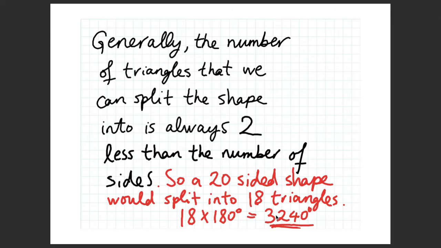That's 3,240 degrees, because 20 sides splits into 18 triangles. Each triangle is 180 degrees, so 18 times 180 degrees makes 3,240 degrees. So jot that down neatly in your books, pause the video while you do that, and let's move on.